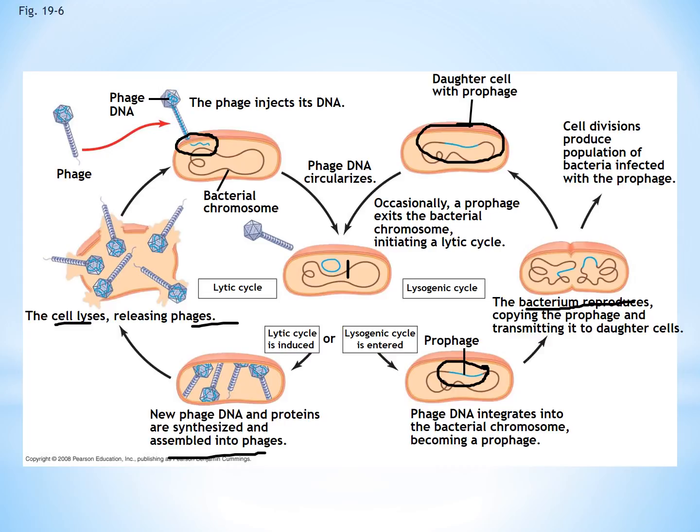They insert themselves into that host genome. And so every time you make copies, let's say the HIV virus, every time you make a new T cell, then you're making copies of that HIV virus that has embedded itself into that T cell's genome. And so that's why HIV takes so long to really affect you, is because you only make multiple copies of it when you're sick.